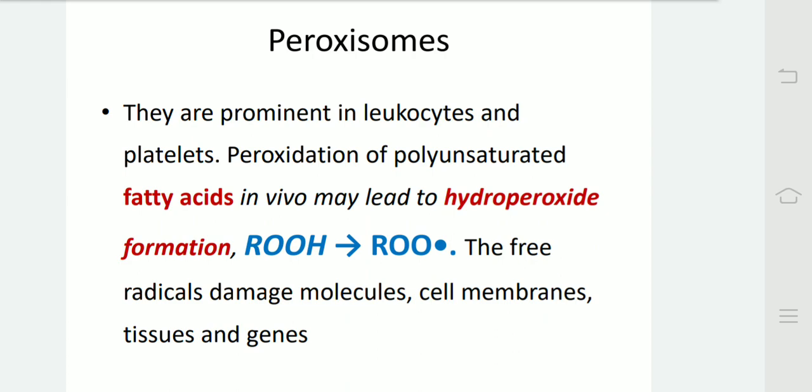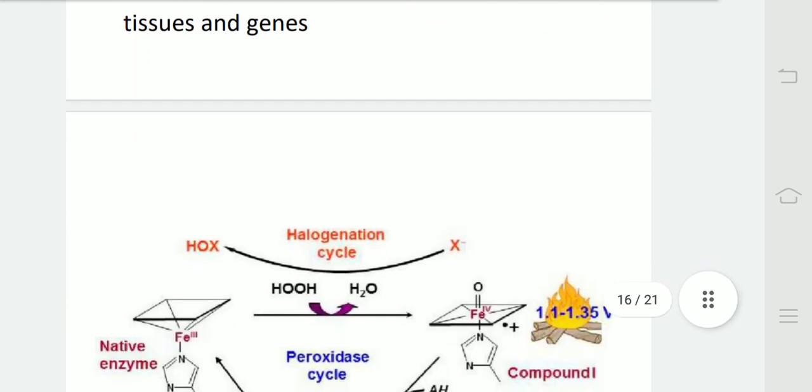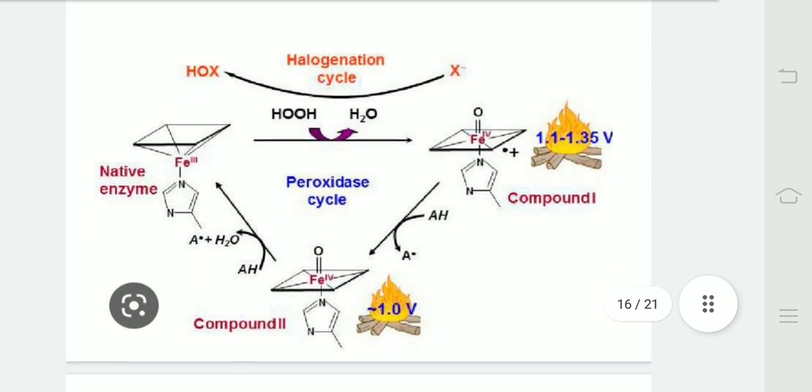Peroxidation of polyunsaturated fatty acids in vivo may lead to hydroperoxide formation, that is, ROOH leads to ROO•. The free radicals damage molecules, cell membranes, tissues, and genes. In this diagram, we can see the halogenation cycle, which is a part of the peroxidase cycle.